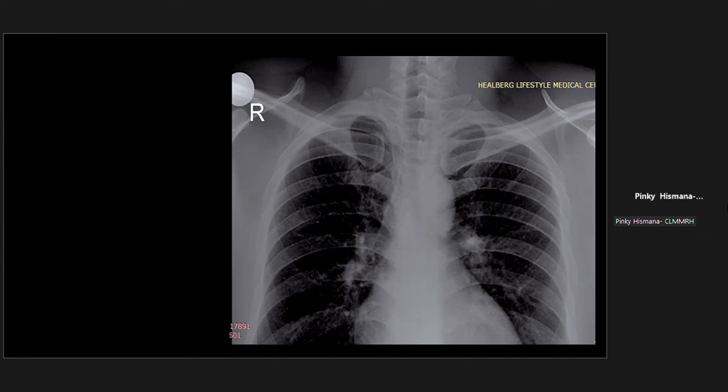Therefore, basically, it is more of a lucent structure. So this one is actually your trachea. And if you notice, it's branching inferiorly into your right main bronchus, your left main bronchus. The angle here actually is what we call carina.